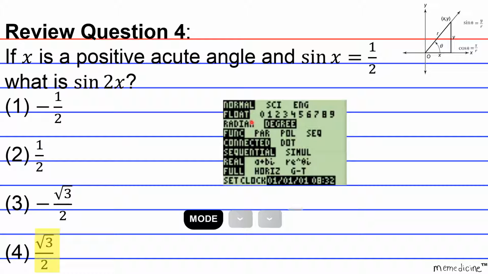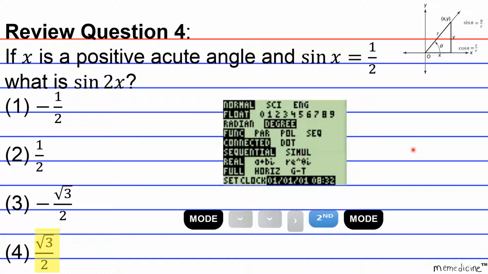What you're going to do is hit the right arrow so that the cursor is flickering over degrees. You don't need to press enter to lock it into degree mode because now you have just set your calculator to degree mode. All you need to do now is press second mode to quit the screen, okay? And you'll be back at the home screen for inputting numbers and equations, okay?